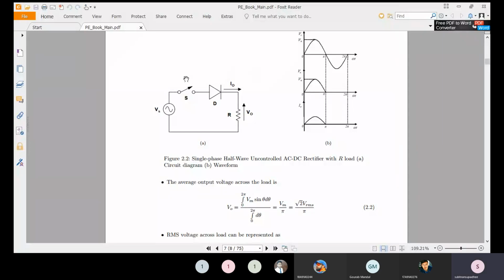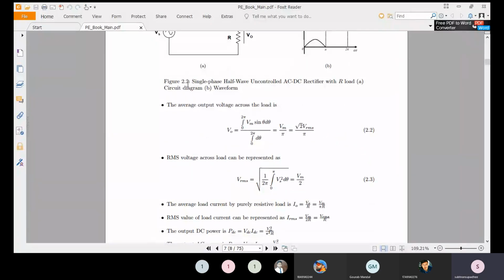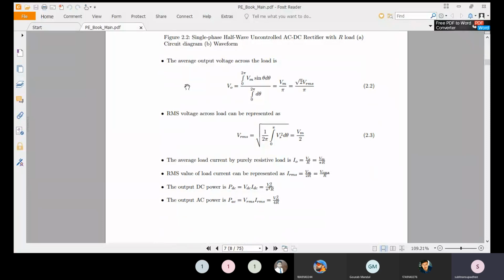We are assuming this switch is closed, right? Now, after doing all this, we need to find the average voltage across the load. Obviously, it is the output voltage V0.